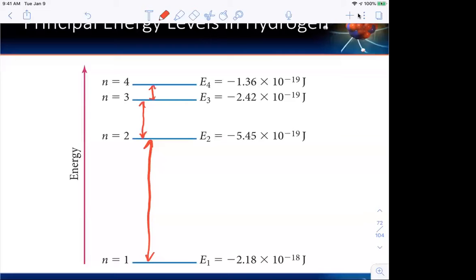That has some significance when we talk about how electrons are populating the atoms. My largest delta E is between n equals 1 and n equals 2, the second largest is between n equals 2 and n equals 3, and then those successive delta E's get lower and lower.